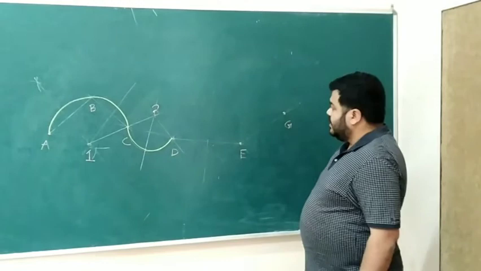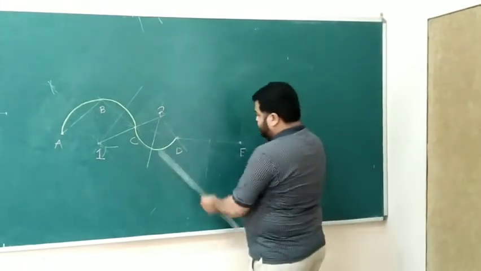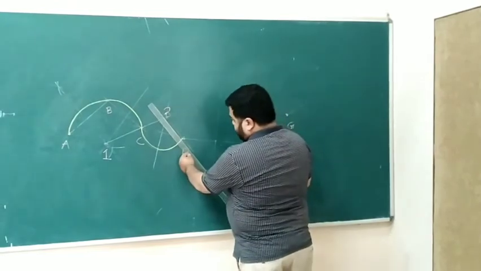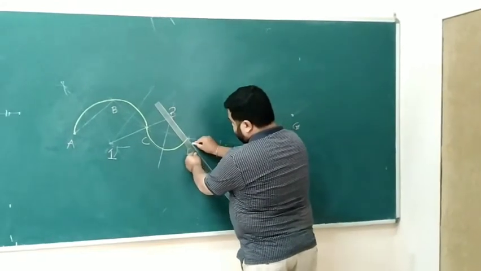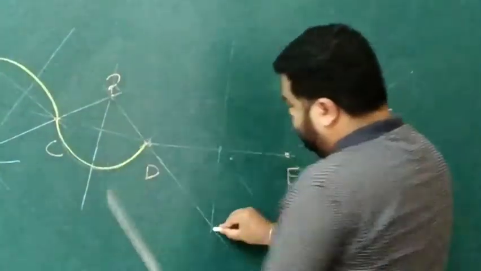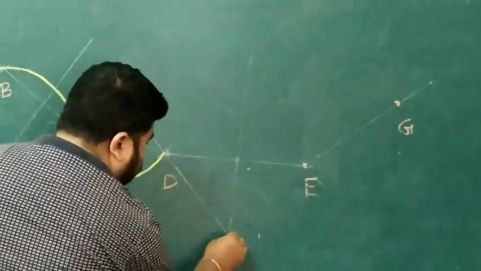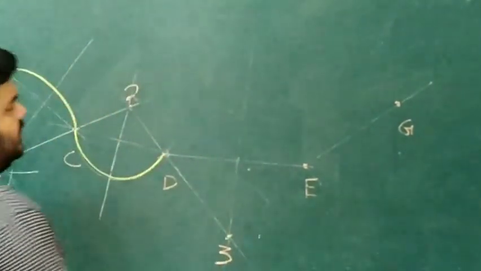Okay. Now what happens? This is the perpendicular bisector of DE. Now 2D, if you extend 2D, it will intersect the perpendicular bisector at some other point. We can rename this point as point 3.